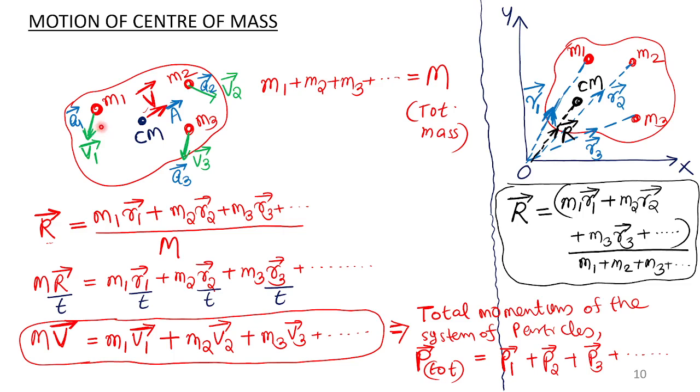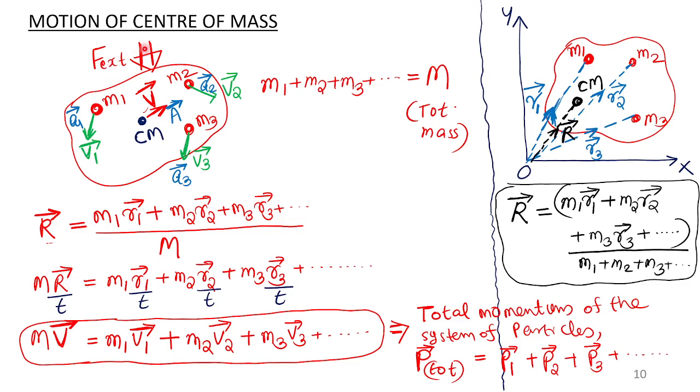Understood? Someone is applying a certain force on the system. For example, I have a big object system. If somebody applies some external force, the force experienced by M1 may not be this one; a small fraction of the external force is experienced by M1.